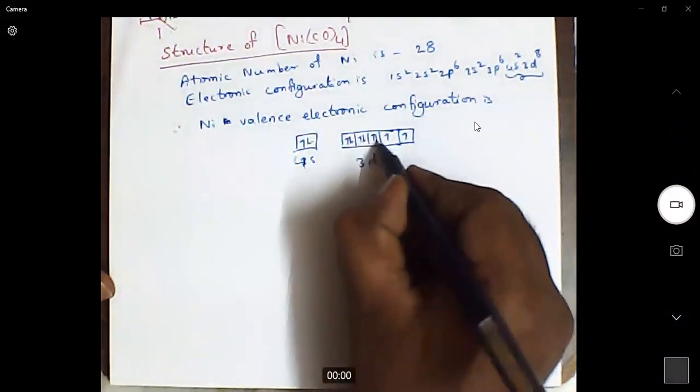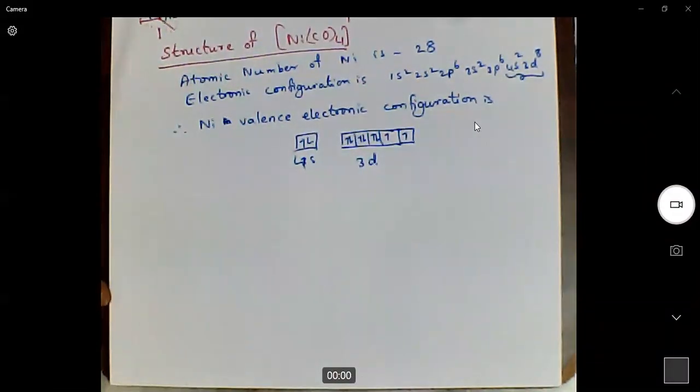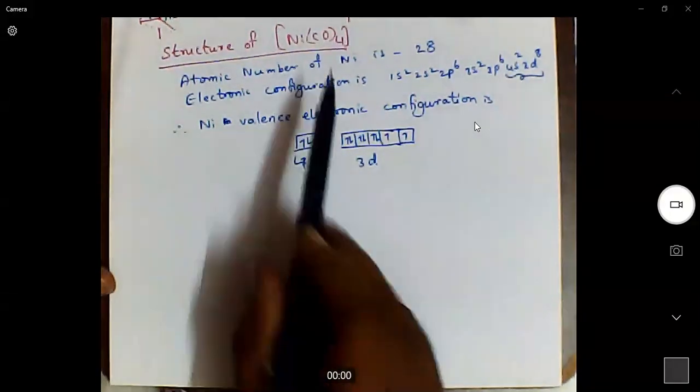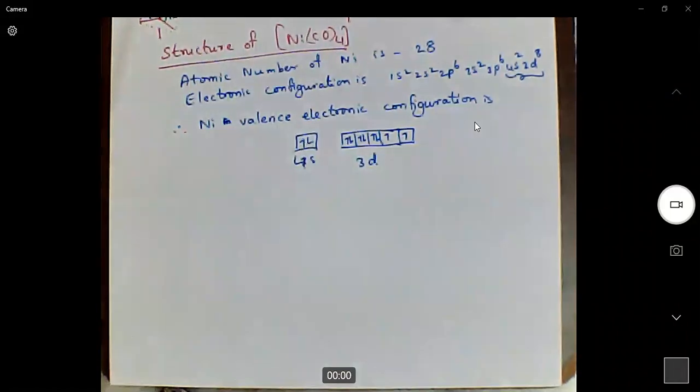Now if we want to form bonds with carbon monoxide, there are 4 carbon monoxides. That means it requires 4 empty orbitals.